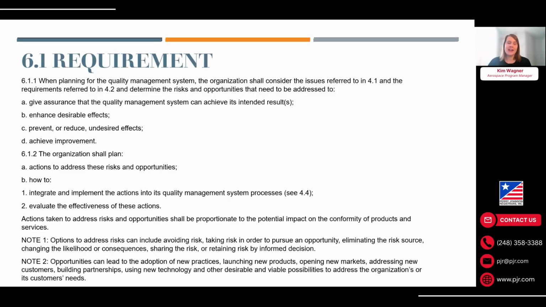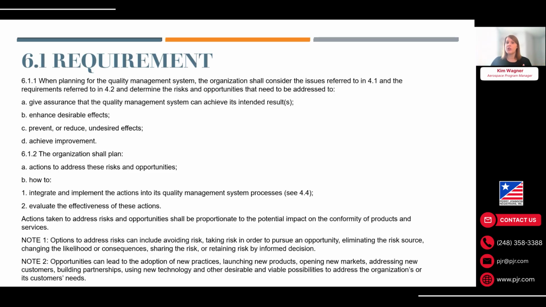Okay. So, and again, I know this is a lot of text on your screen. I won't read through everything, but this is the 6.1 requirement, right? This is also in ISO 9001. It's in all the aerospace standards as well. As it says, when you're planning for the quality management system, the organization shall consider the issues referred to in 4.1.